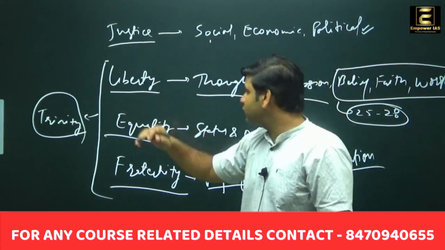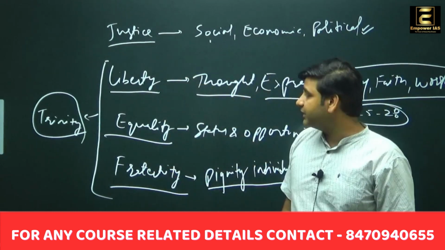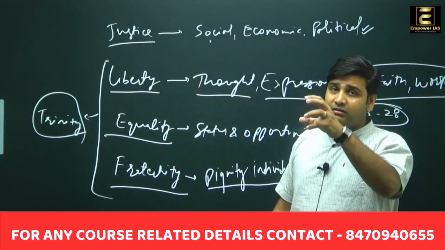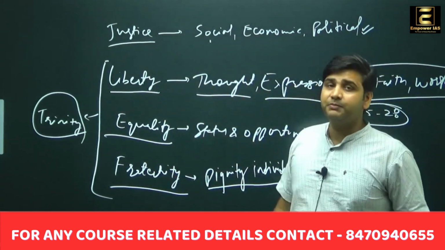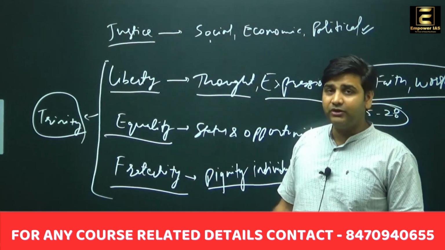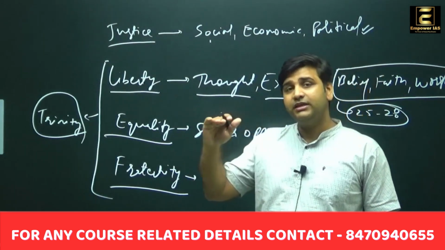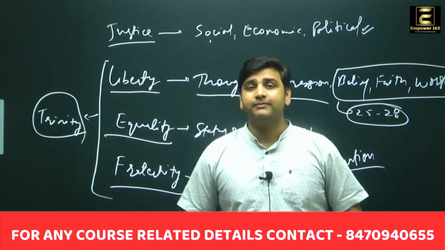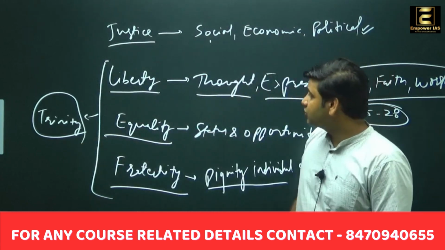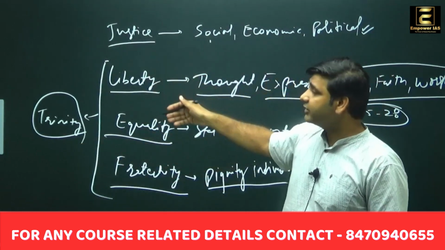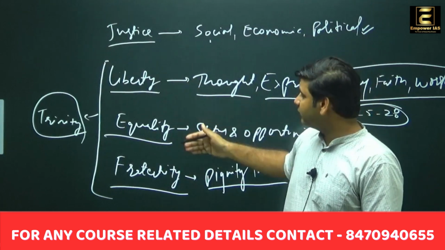And if you snatch equality and you give the liberty and fraternity, then the power will be in the hand of few people. The power will not be justiciably given to everybody. So it forms a trinity, and one cannot be divorced from another: liberty, equality and fraternity.